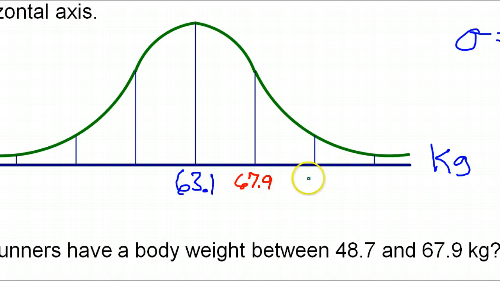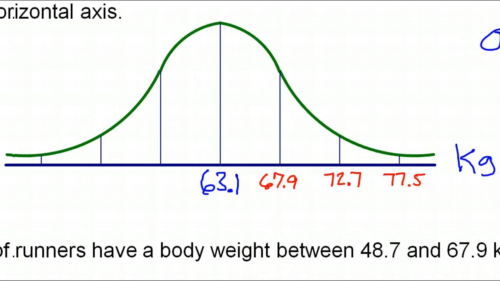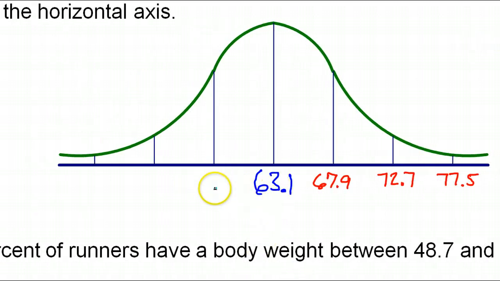If I add another 4.8, now I have 72.7. And if I add another 4.8, I get 77.5. Now if I subtract 4.8, so 63.1 minus 4.8, that's 58.3.